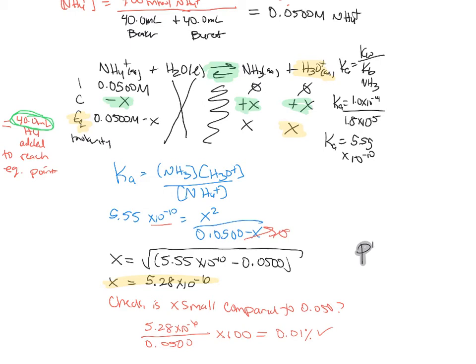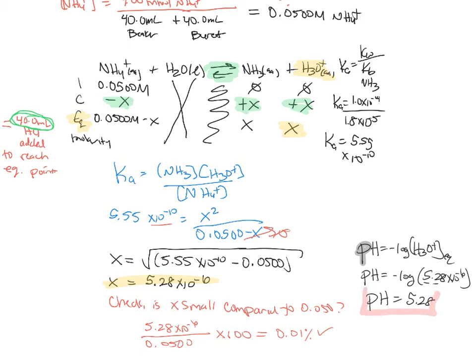So my pH equals negative log of hydronium at equilibrium, which is just negative log of my X value, 5.28 times 10 to the negative 6th, which, with two sig figs there, gives me a pH of 5.28. And that would indeed be our final answer for pH.